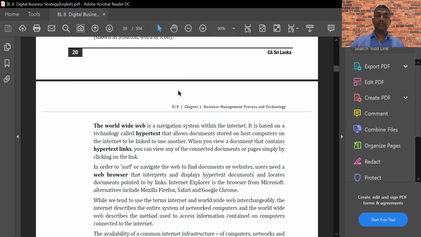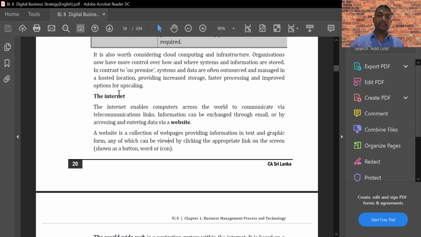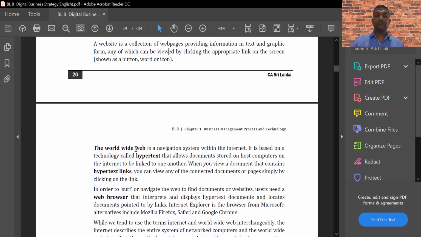The World Wide Web is the information or the content itself. So in the internet, what we are accessing is the World Wide Web. So that's the idea. And hypertext is the technology behind all this.